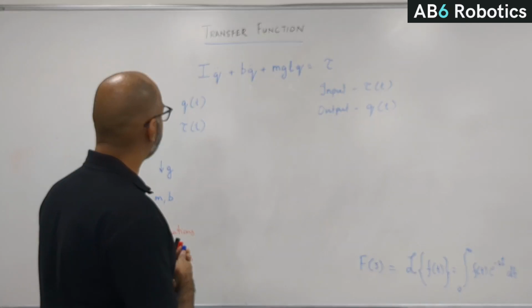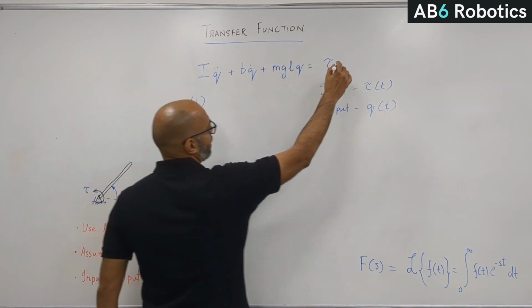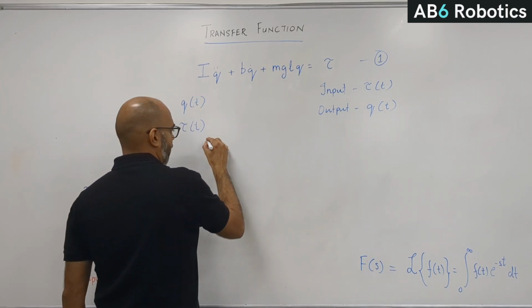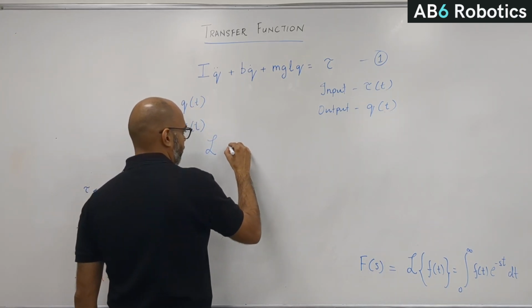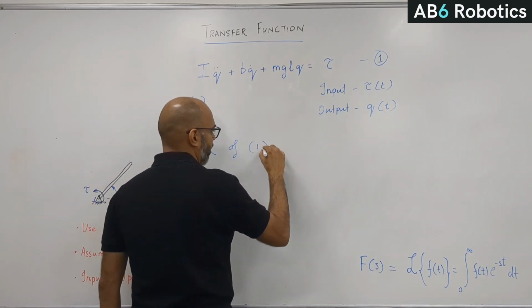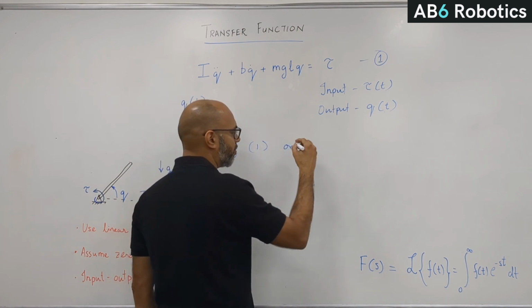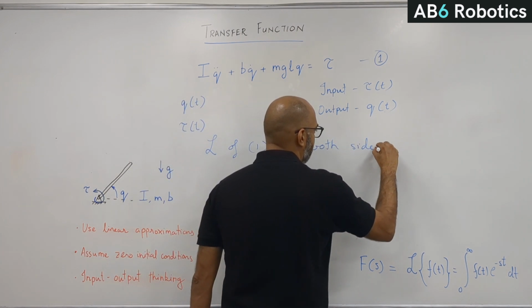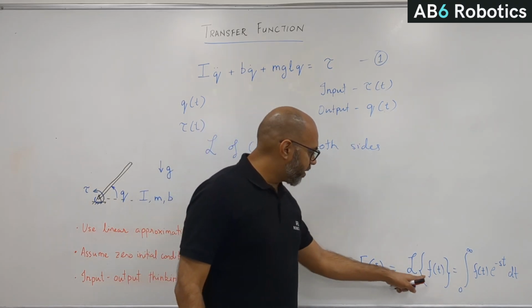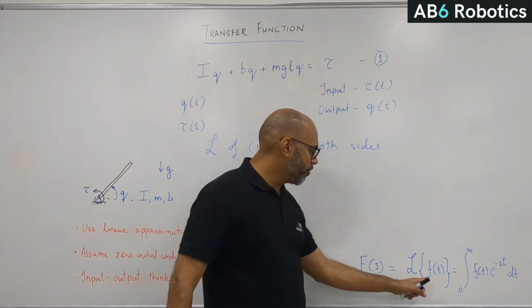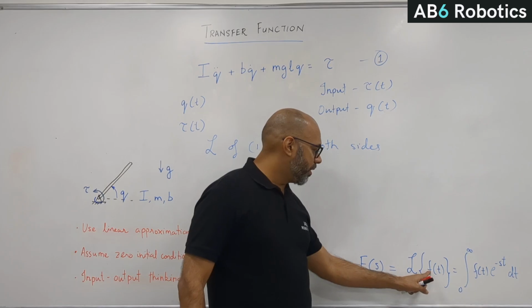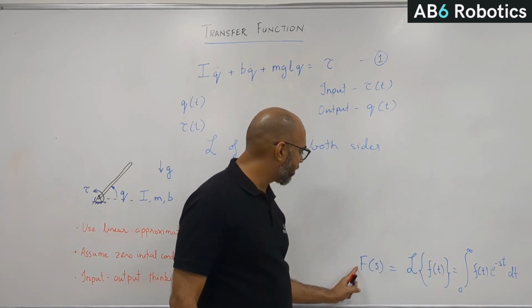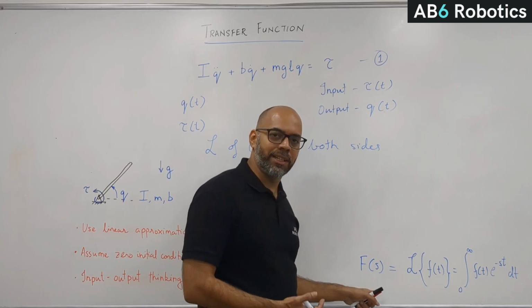Let's call this equation 1, and we take the Laplace transform of equation 1, on both sides. To keep it consistent, usually we write in the time domain a small letter, but when we are transforming it, the convention is to write it as a capital letter.